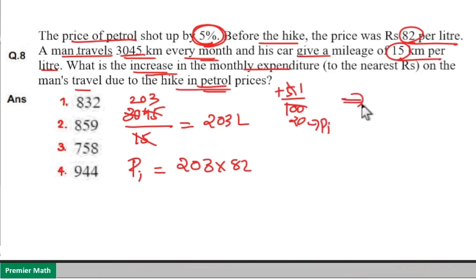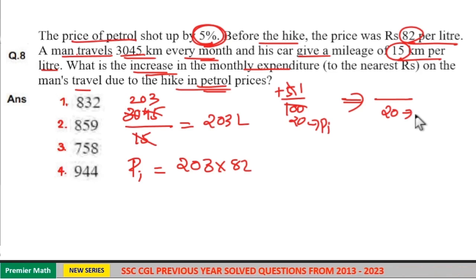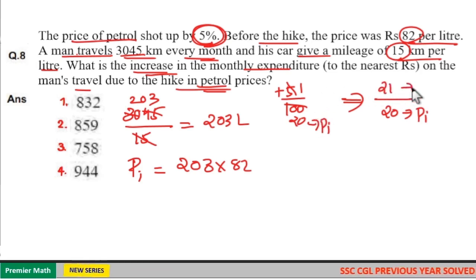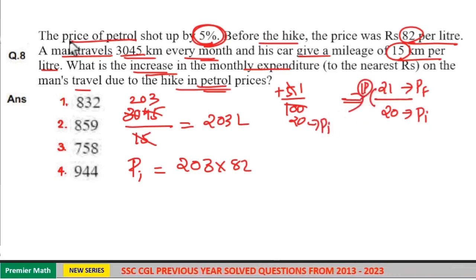That is, initially the price of petrol was 20 parts, that is, he has to pay 20 parts. Finally, it is increased by 1 part, that is 20 plus 1, 21 parts he has to pay. This is the final price of petrol. Now the difference is 1 part.